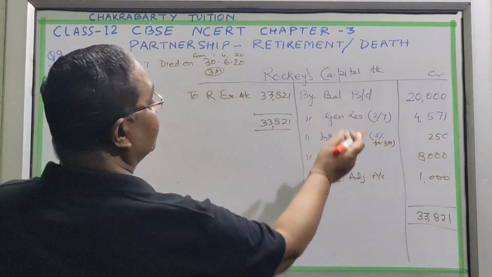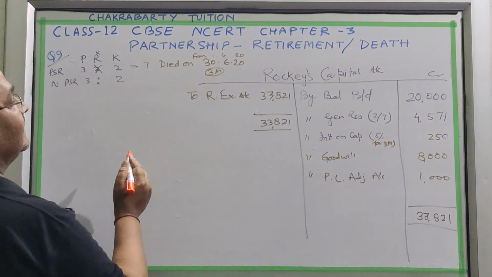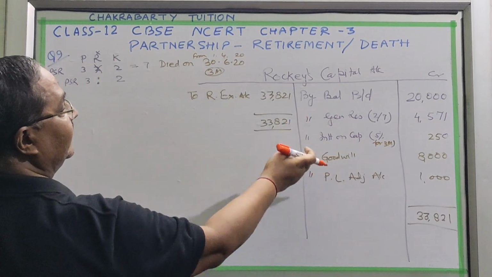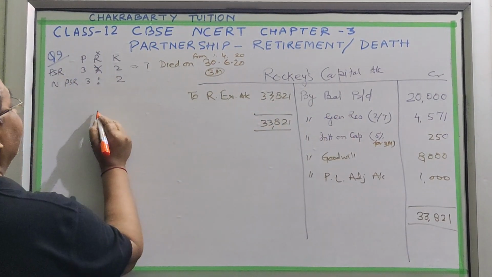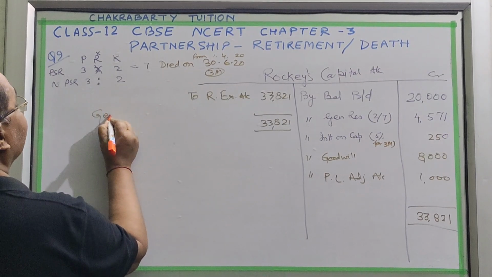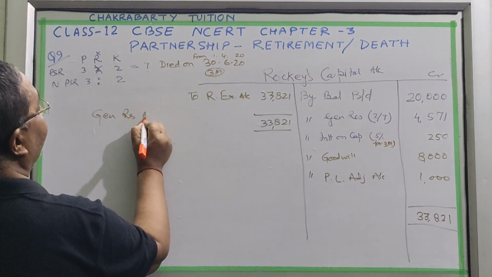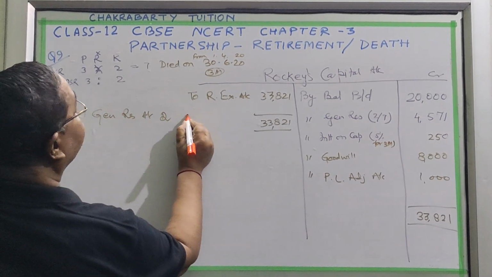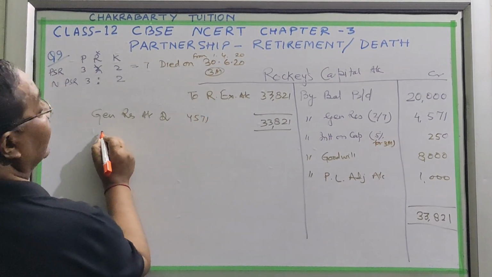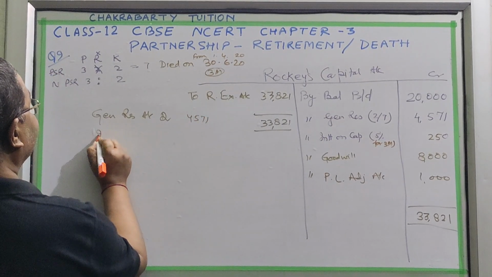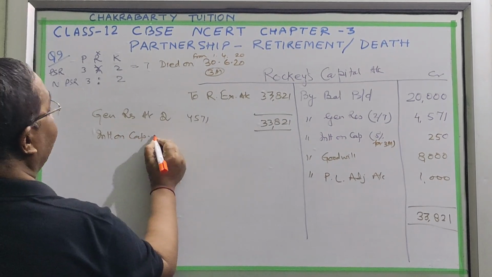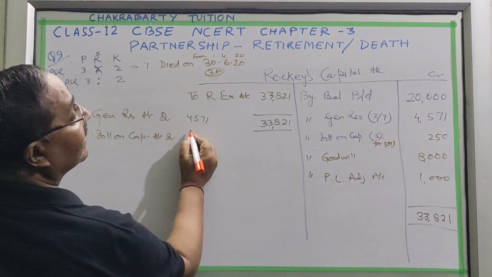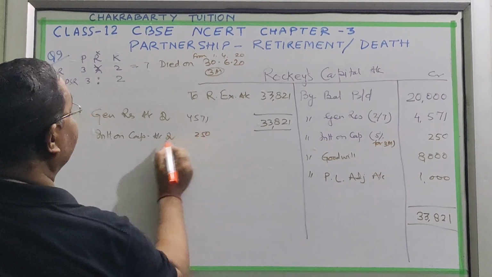After this, you can pass the journal entries at one time. All are the credit entries, because they denote debit. So we will write: general reserve account debit 4,571. Then interest on capital account debit 250.